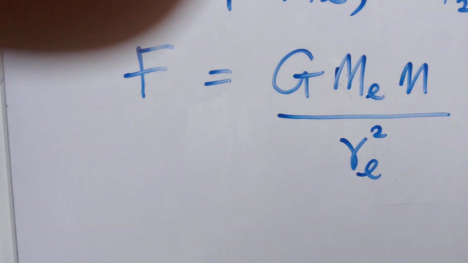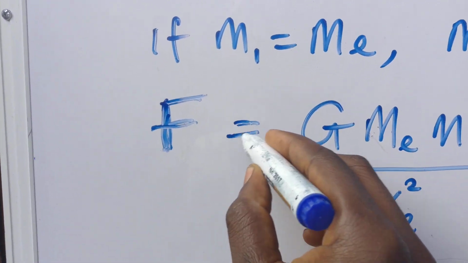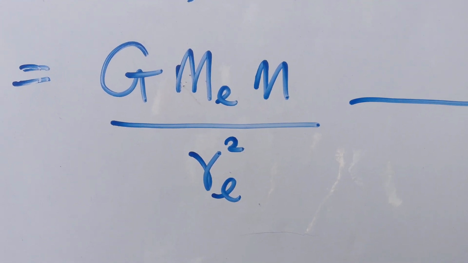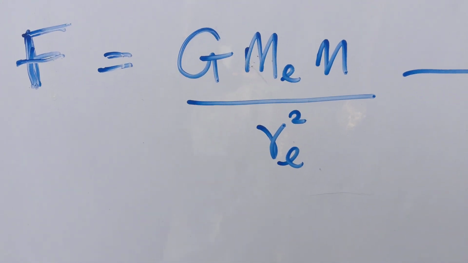Okay, the formula then changes. You find out that the magnitude of the force of attraction between the two point masses, the mass of the earth and the mass of a satellite, perhaps, becomes G ME m over RE squared.